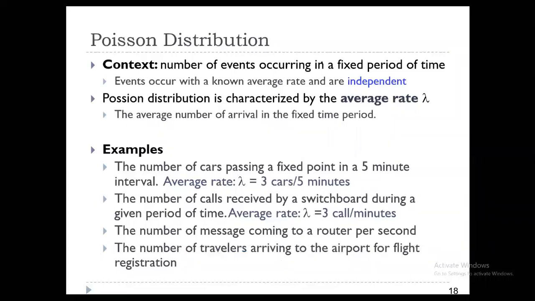I think we all understand that. Number of travelers arriving at the airport for flight registration given a time. So usually your average rate will be a number of cars or number of people per some time, like you have 3 cars per 5 minutes.